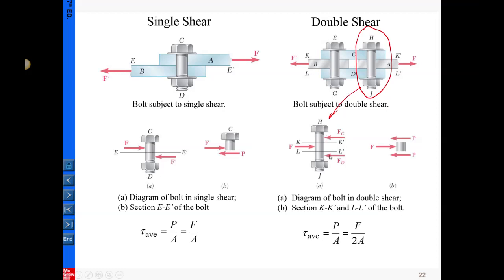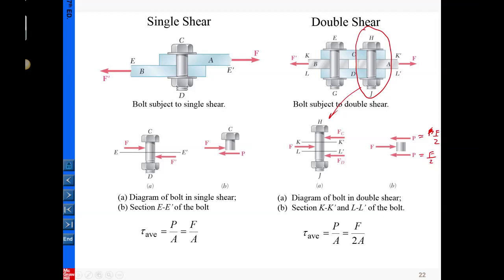So this one and this one must be in equilibrium. In this case, P in magnitude equals this, and in equilibrium equals F. So from here you can see P must be equal to F divided by 2.